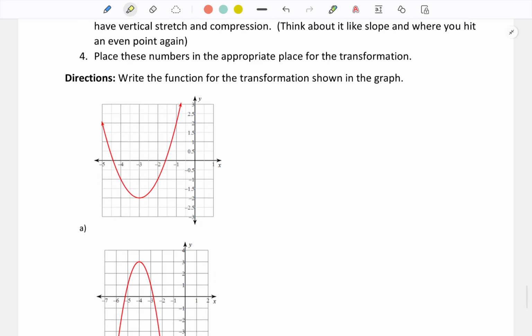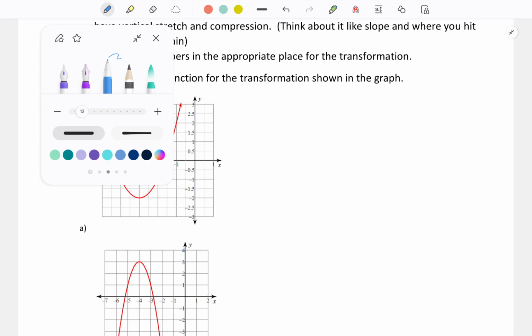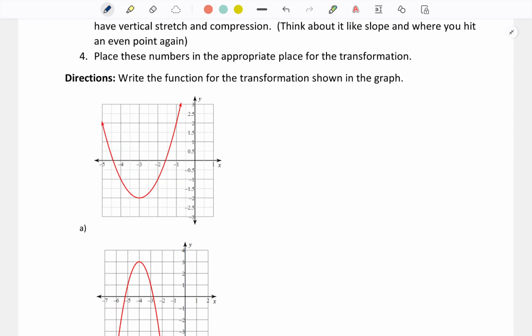So let's go ahead and look at a few examples here. We need to write the function for the transformation shown in the graph. So we're going to look at where our vertex is, and we're going to find that lowest point. In this case, our vertex is -3, -2.